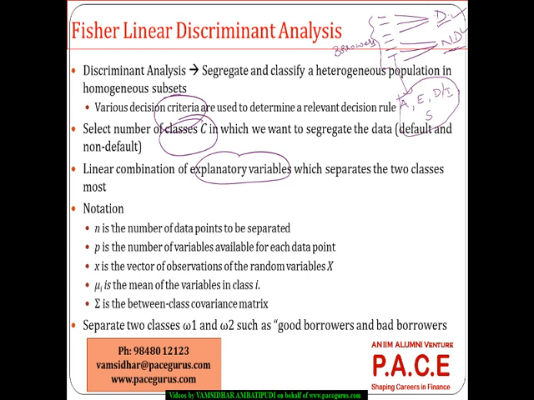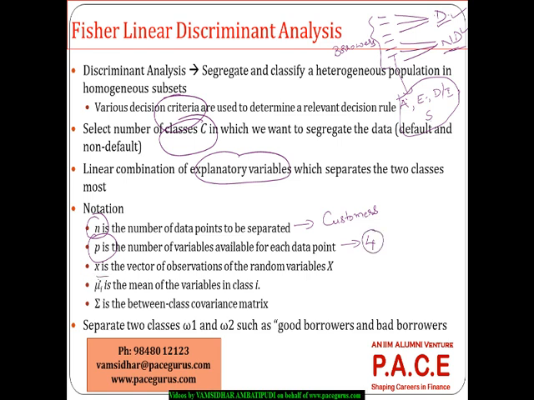So here if you understand, just as a notation, if I am saying n is the number of data points, which are the number of customers to be classified or number of borrowers to be classified. P is the number of variables per each data point. So let's say we are talking of these four variables based on which I want to classify the customers.